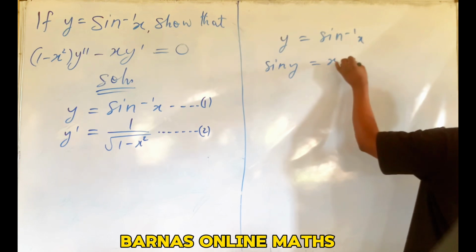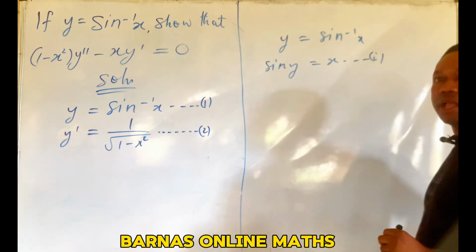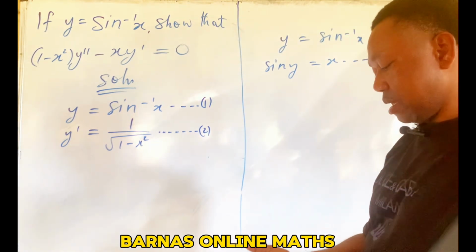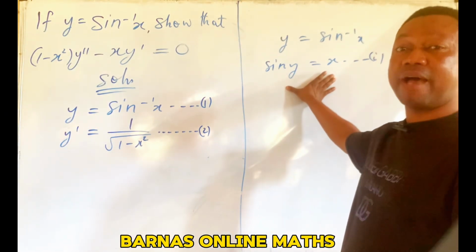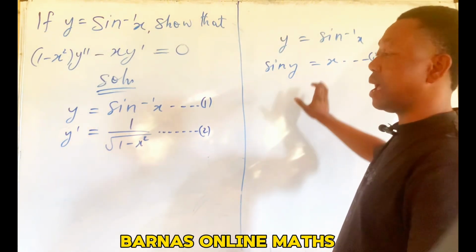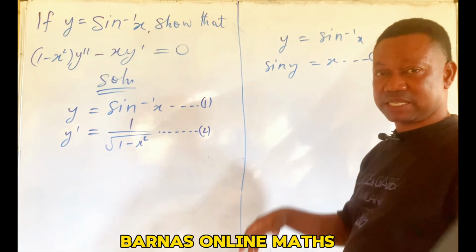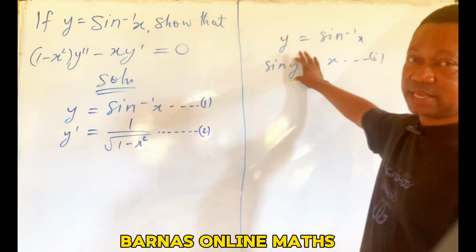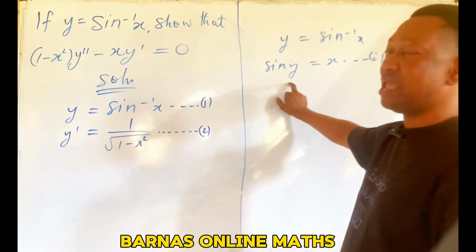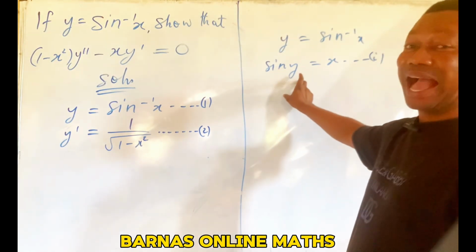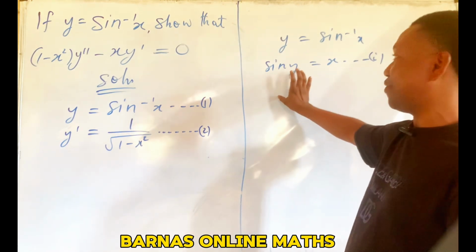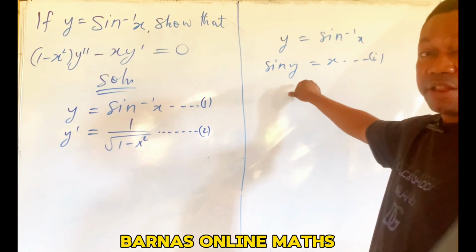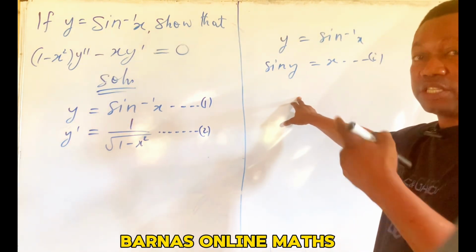Let's call this equation I. This is an implicit function because we don't have a function of x alone, so we are going to differentiate implicitly. If we differentiate with respect to x, knowing that what we have here is y, we differentiate normally and after differentiating, we multiply by the differential coefficient, which is y prime, or dy/dx.